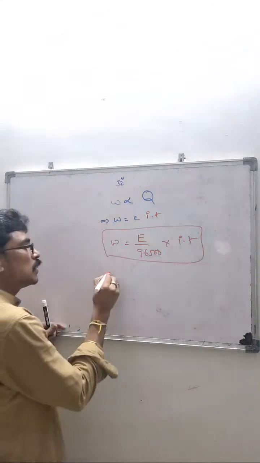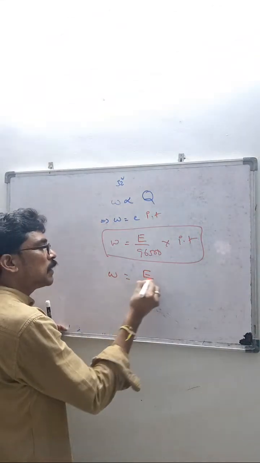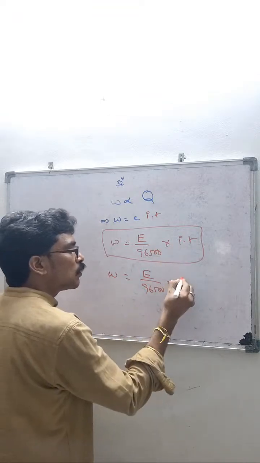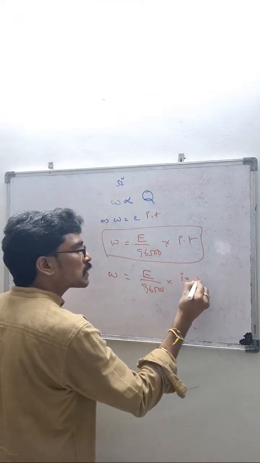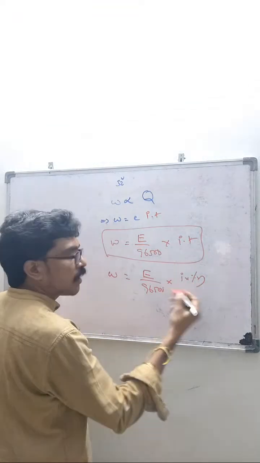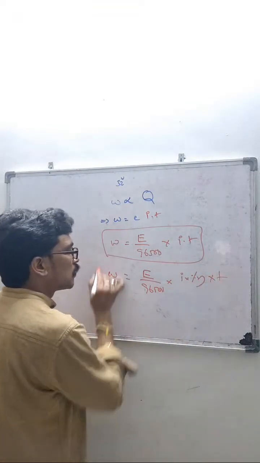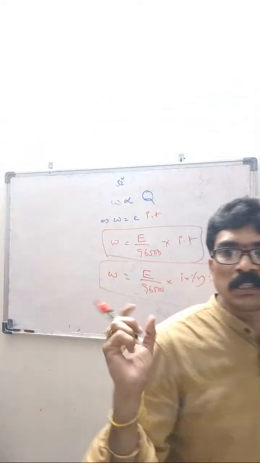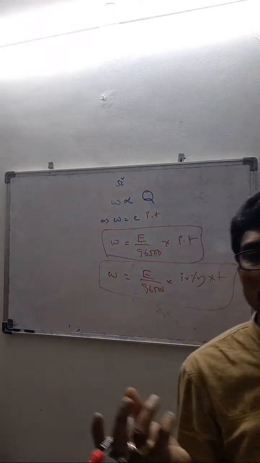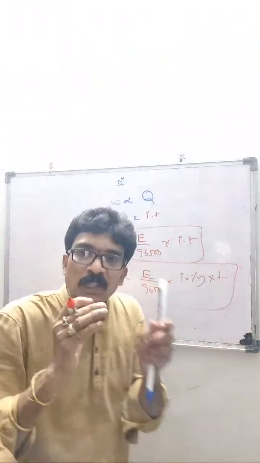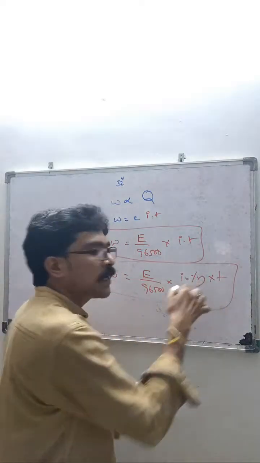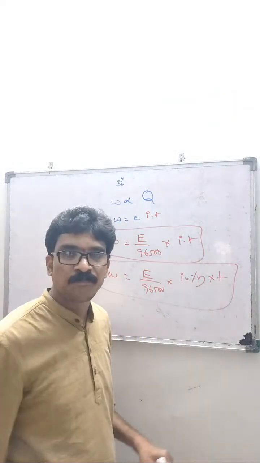W is equal to capital E by 96,500 into I into percentage of efficiency, eta, into time. This is the formula. 80% efficiency means 80 by 100. You passed 2 ampere current, and on that only 80% is utilized. So 2 into 80 by 100, that is 1.6.